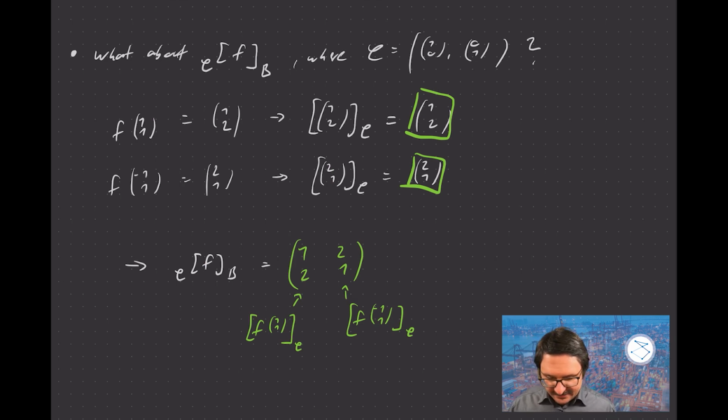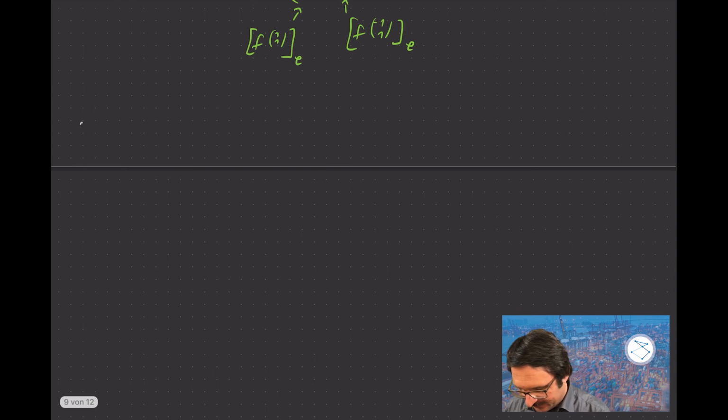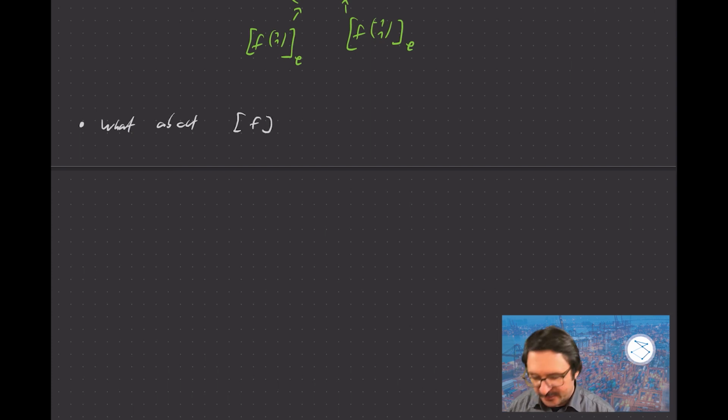And now finally, let's go one more step. Let's say we want to compute the matrix representation of F with respect to the canonical basis in both domain and codomain. What do we need? We need to compute the images of the basis vectors, and now the basis vectors are (1, 0) and (0, 1).